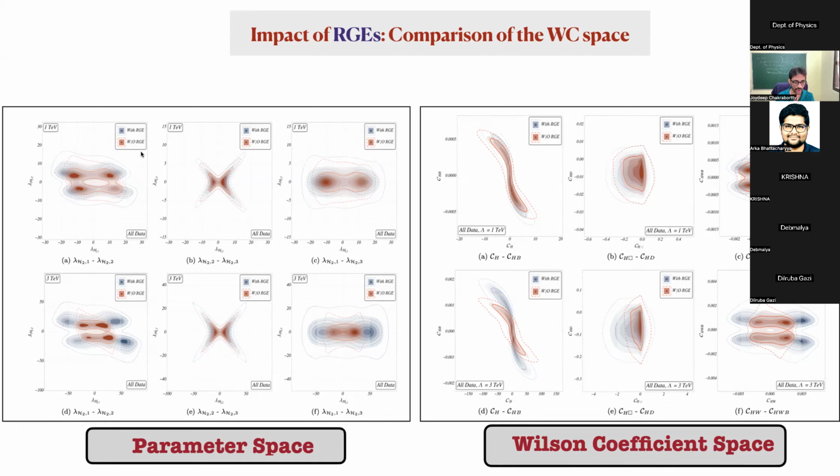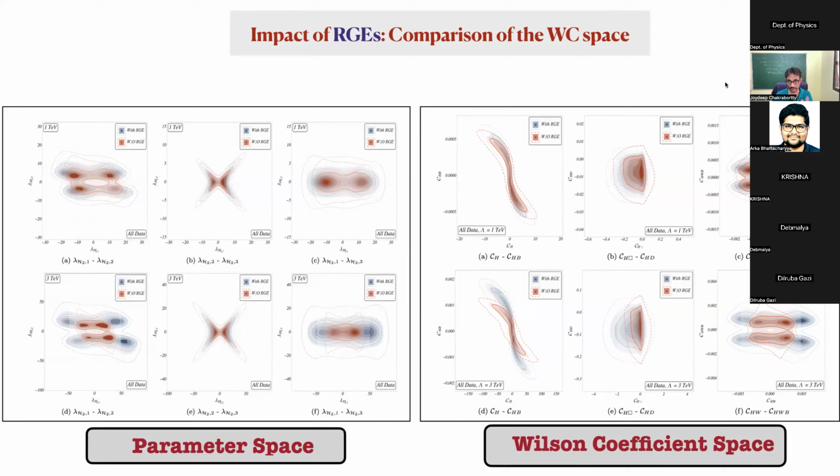So if you include the RG, we have noted it may give you even a 15 to 20% increment in the parameter space. And it is very difficult to say which RG and how, because these are mostly very entangled, and one has to do a very case by case kind of analysis. So you can see their impact in the Wilson coefficient parameter space, or even in the Wilson coefficient space like this. But it's important to understand how these RGs are important, right?